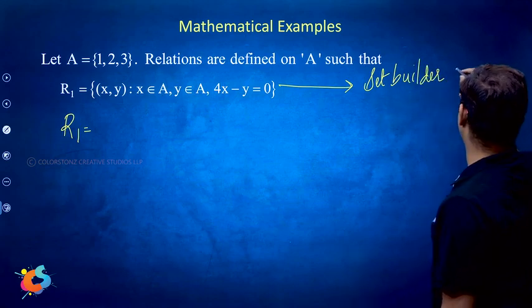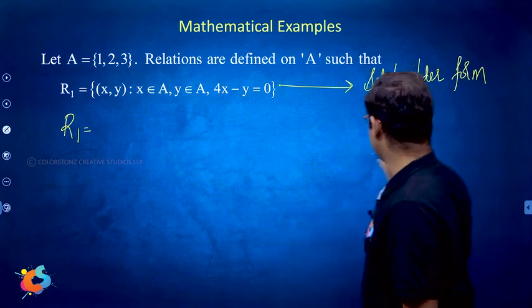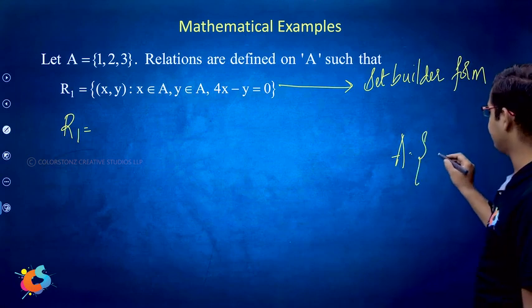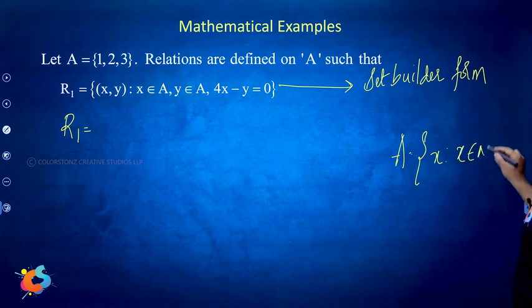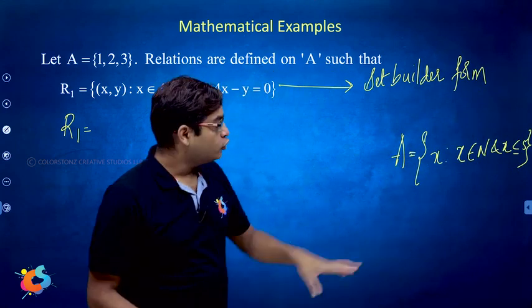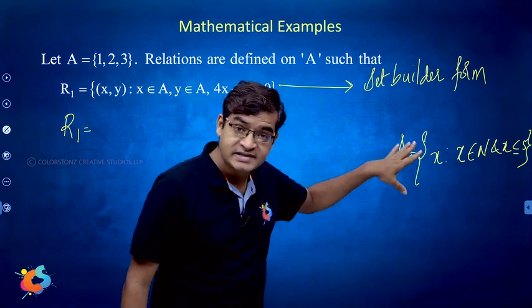What is a set builder form? If you remember, you have studied something like this. A is a set which is containing elements x such that x belongs to natural numbers and x is less than or equal to 5. So this is the set builder way of writing a set, where you are telling the elements of this set are x, and what is this x?